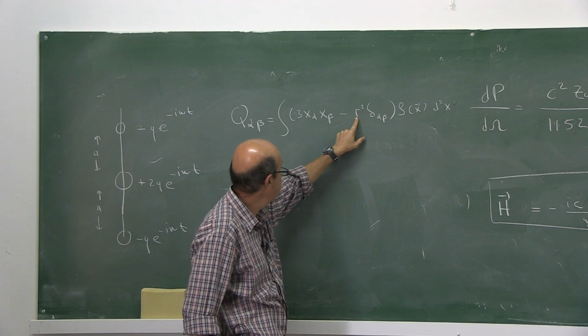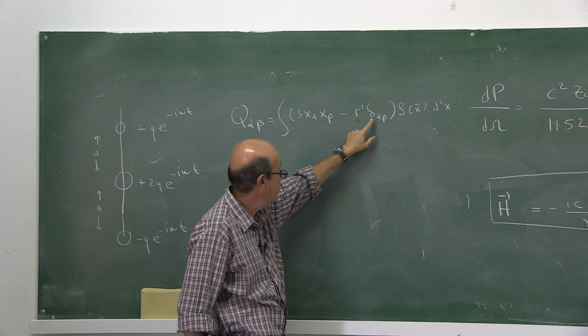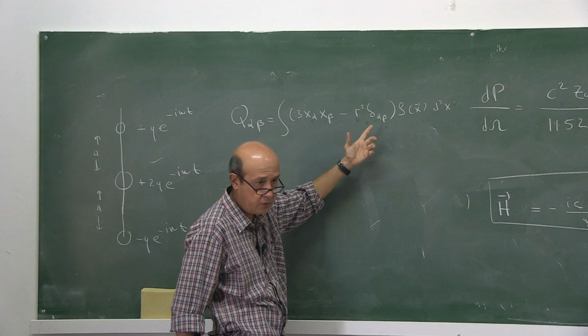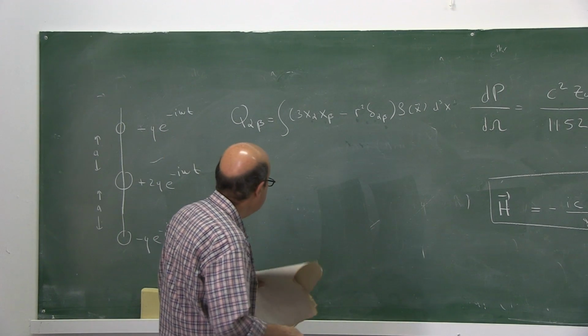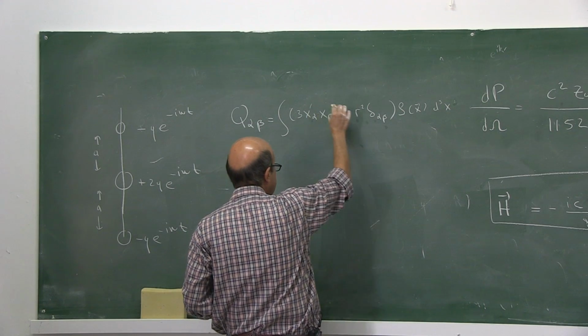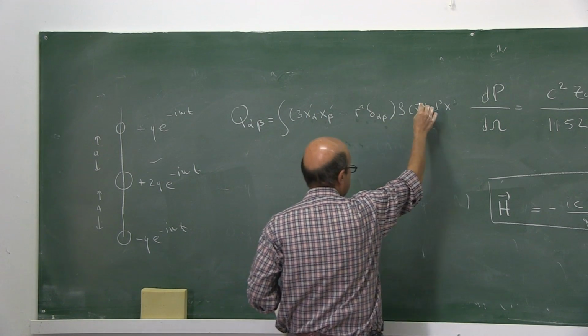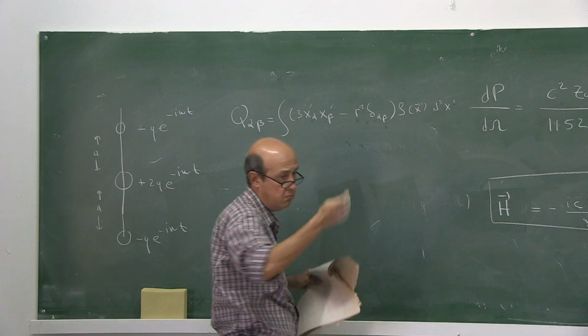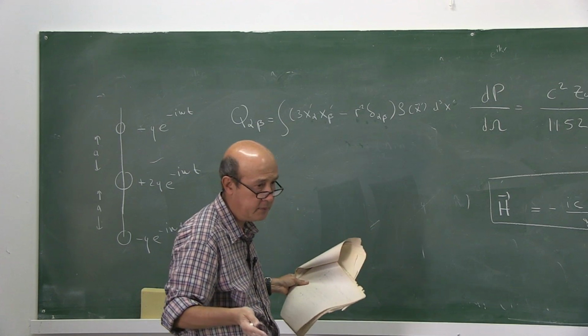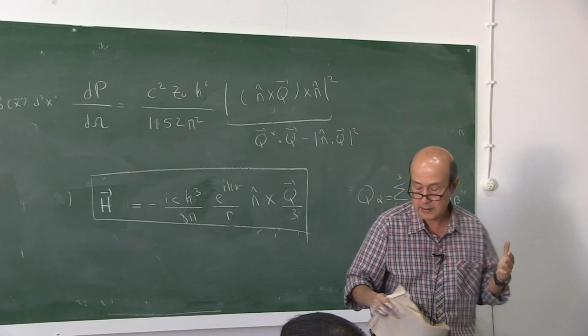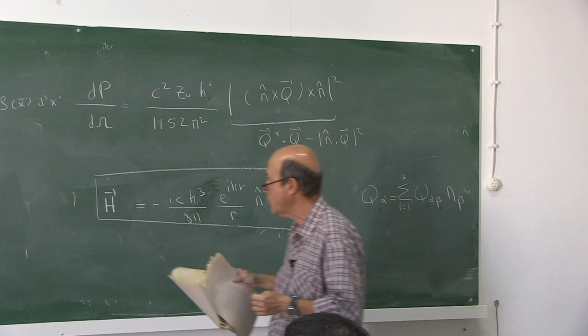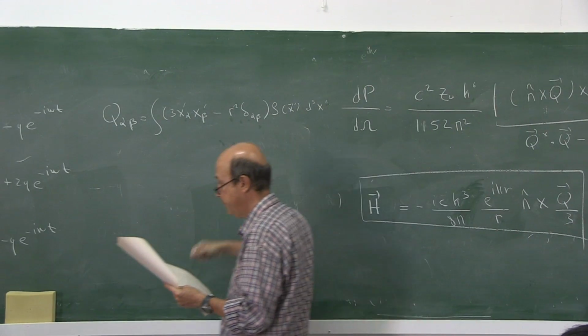You can write this x alpha beta when alpha is equal to beta, that is x square or r square. So x or x prime are dummy. You can say x prime, r prime, and so on, or just x. So this is just a dummy integration, okay? But practically, it is related to the location of the charges or charge densities.